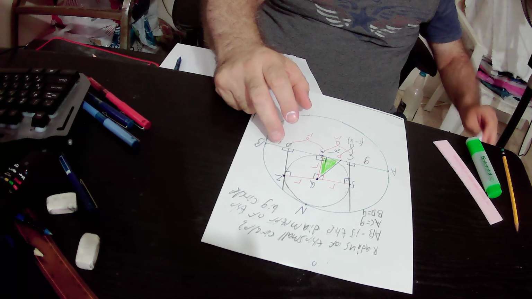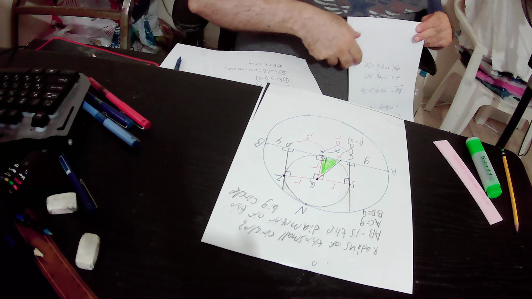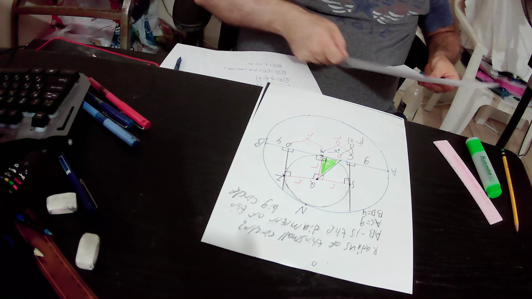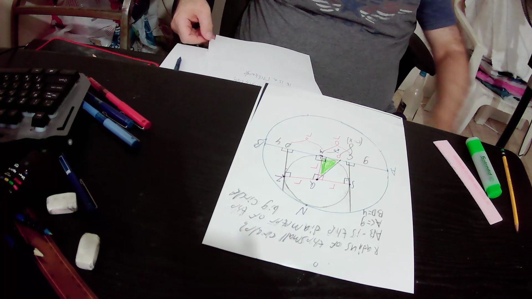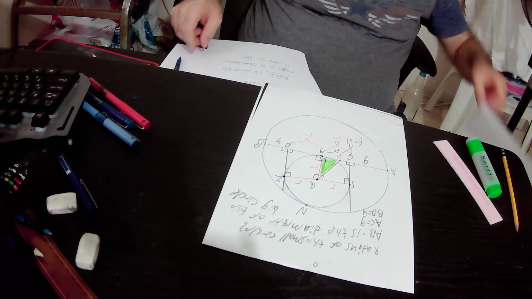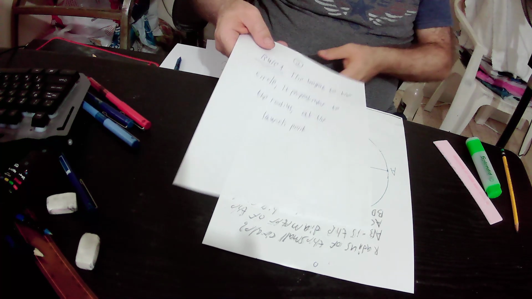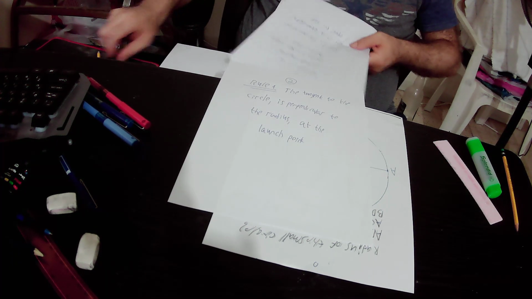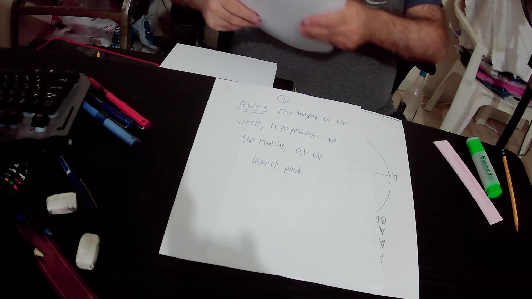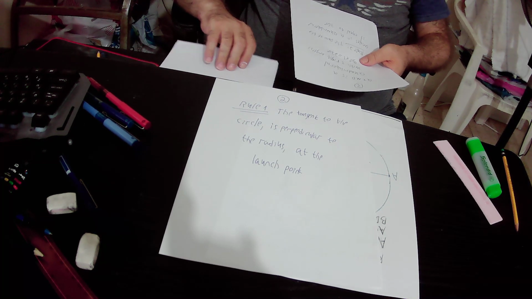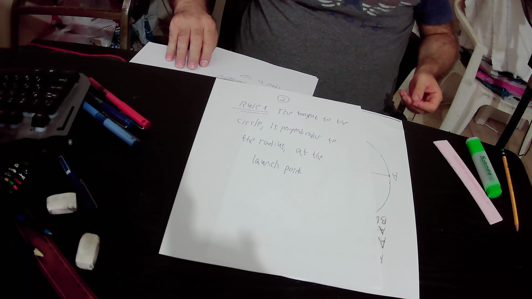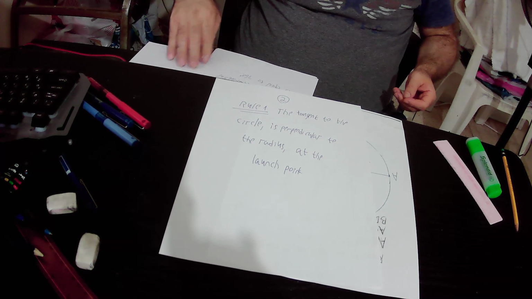So according to rule number 1, which states that the tangent to the circle is perpendicular to the radius at the point of tangency.